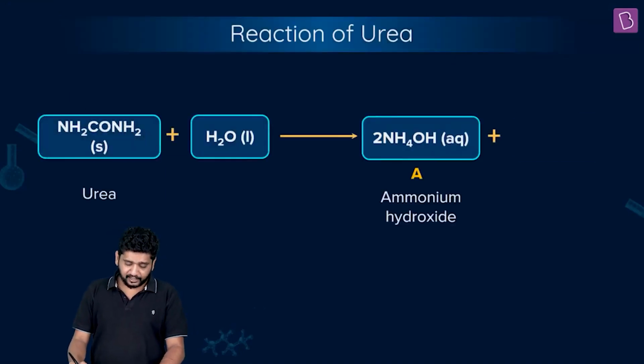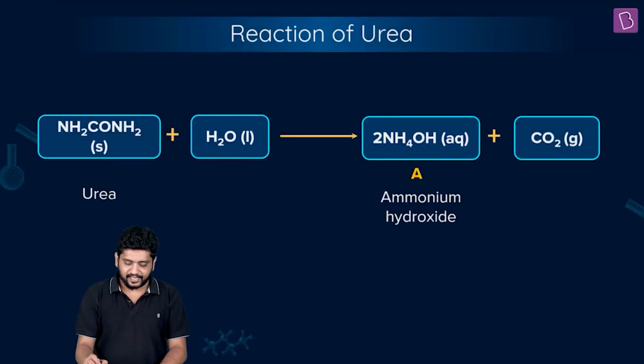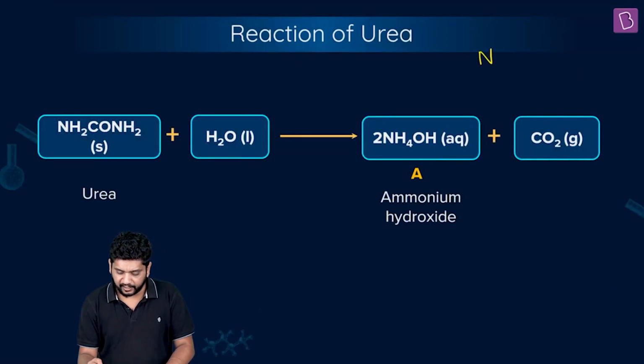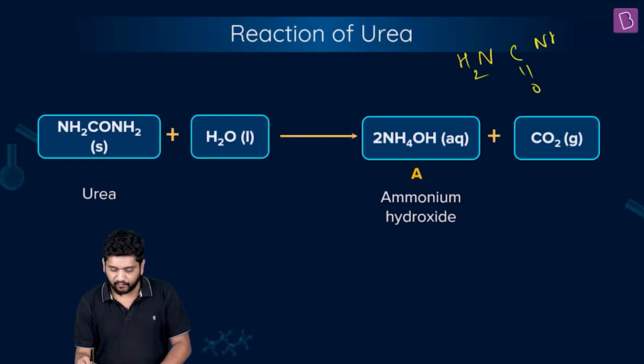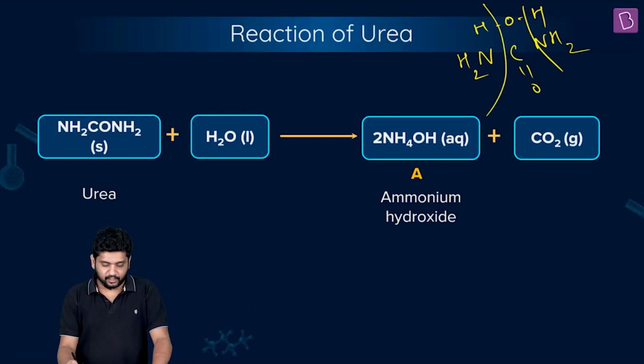But yeah, what is happening? NH2CONH2. First, when it is reacted with water, what do you get? I'm pretty sure that you have seen this before. You write it like this: NH2CONH2. It's not the best way to write it, but this works for us, right? So we will be getting NH3 and CO2, right?